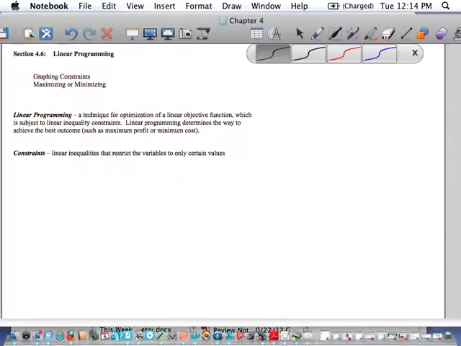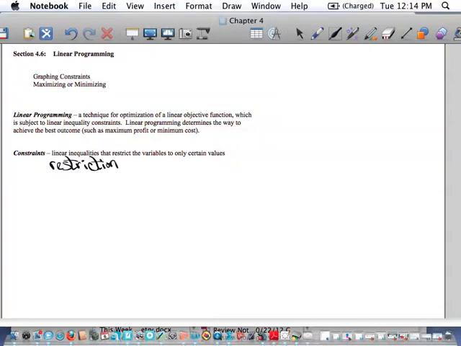So it looks at a couple of keywords there. One is the idea of a constraint, and a constraint is a linear inequality that restricts the variable to only certain values. So this is a restriction or a limitation. The other word we need to take a look at is optimization.